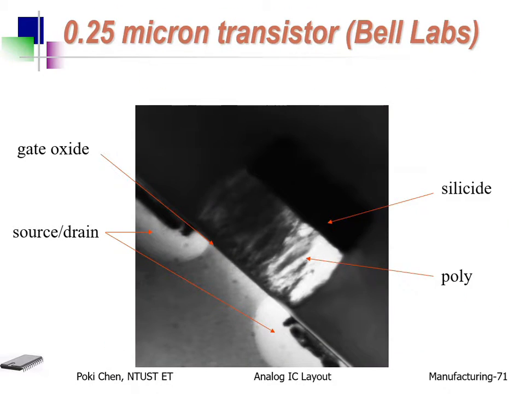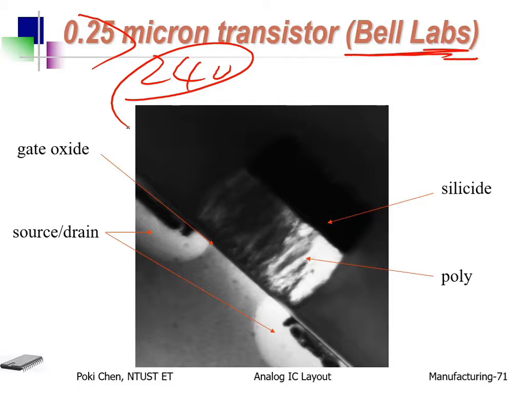Okay, and allow me to show you a real transistor. This is from Bell Lab. In the past, they were also very strong at fabrication, but right now they are nobody. For such a 0.25 micron process, actually the feature size is 240 nanometers instead of 250.